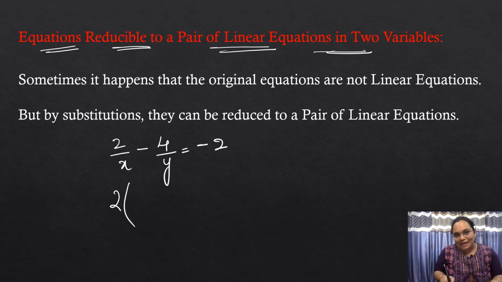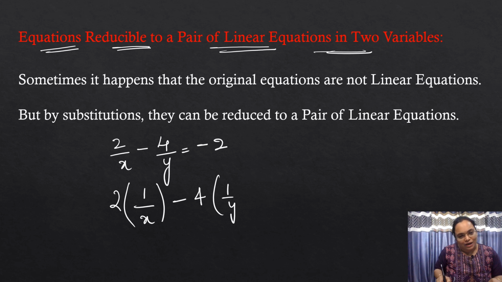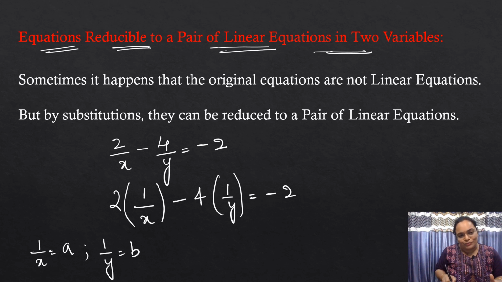This equation can be written as 2 of 1 by x minus 4 of 1 by y is equals to minus 2. Now, we will replace this 1 by x and 1 by y with some variable so that this equation changes to a linear equation. So, we will take 1 by x is equals to a and 1 by y is equals to b.